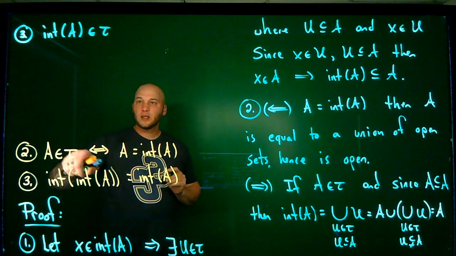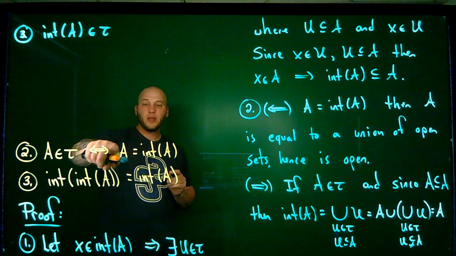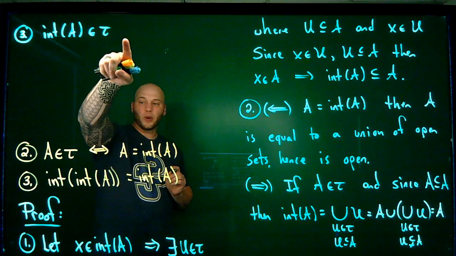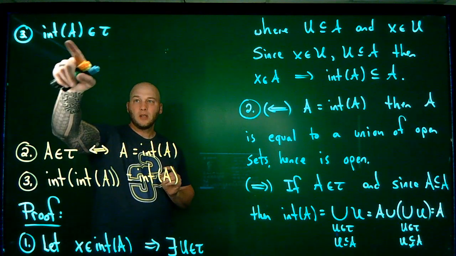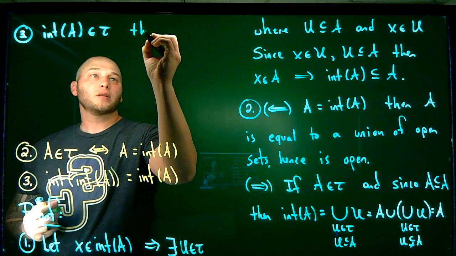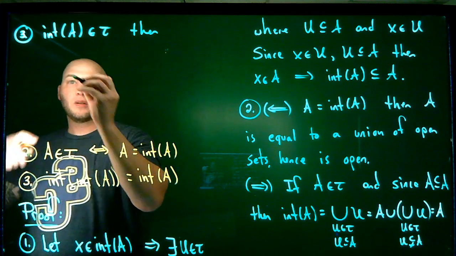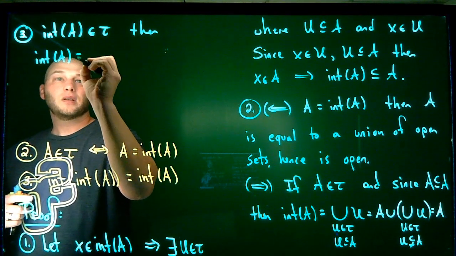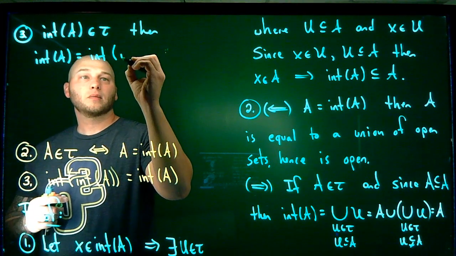Well, now let's look at statement number 2, where I simply replace A with the interior of A. Well, the interior of A is open, so that's the left side of this biconditional. So if the interior of A is open, then this, of course, says that the interior of A is equal to the interior of this set.